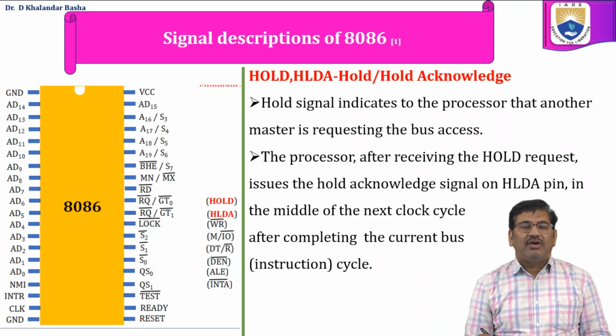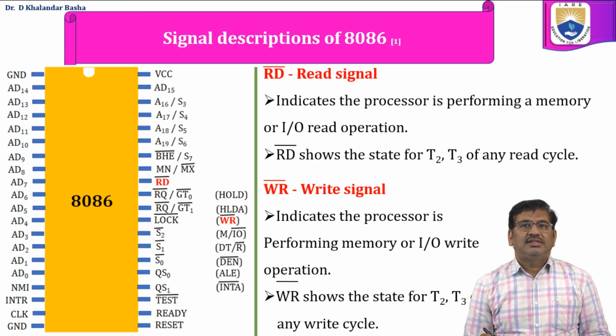The processor, after receiving the hold request, issues a hold acknowledgement signal on HLDA to the other master which requested the bus access. This acknowledgement is given in the middle of the next cycle after completing the current bus cycle. The next signals are read and write signals.